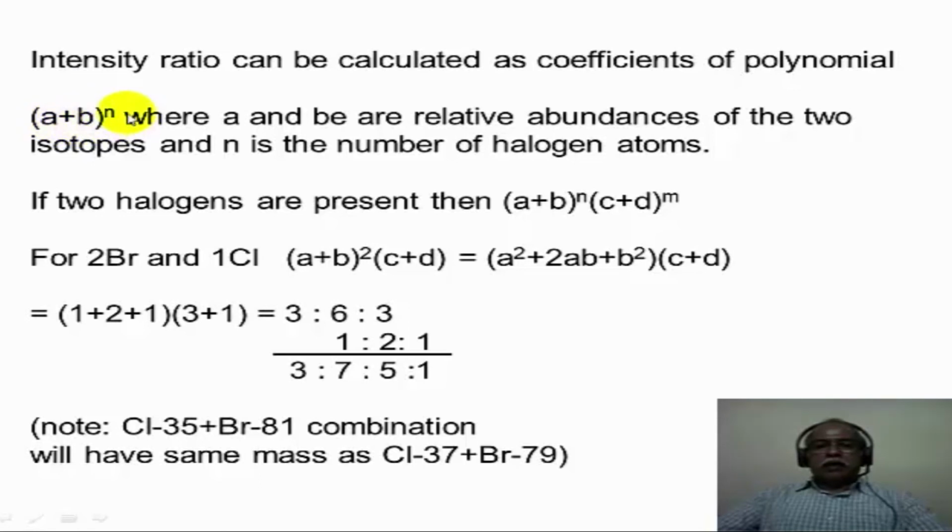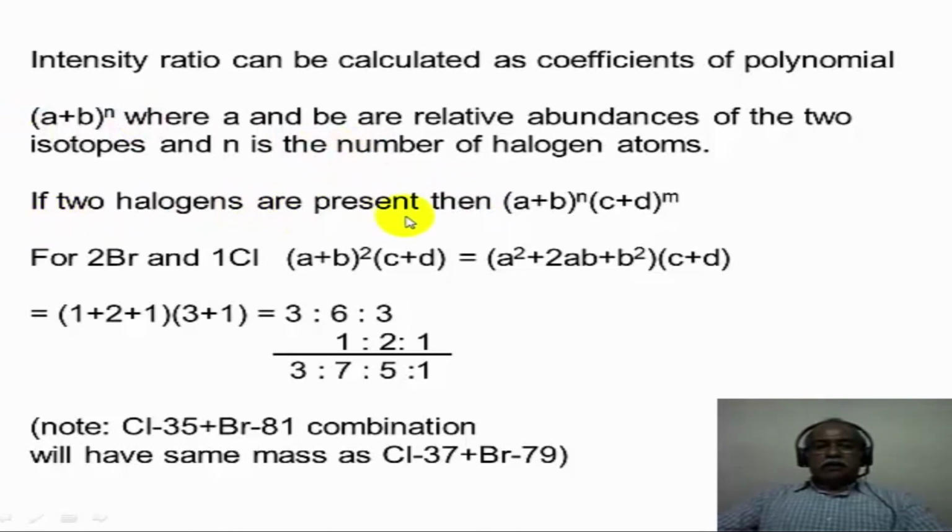So (A + B) to the power n, where n is the number of such chlorines present in a molecule. If it is carbon tetrachloride, n will be 4. If it is hexachlorobenzene, n will be 6. If it is dichloromethane, n will be 2, for example. So the abundance of the two isotopes with n number of halogen atoms can be easily derived from the coefficients of this polynomial expansion.